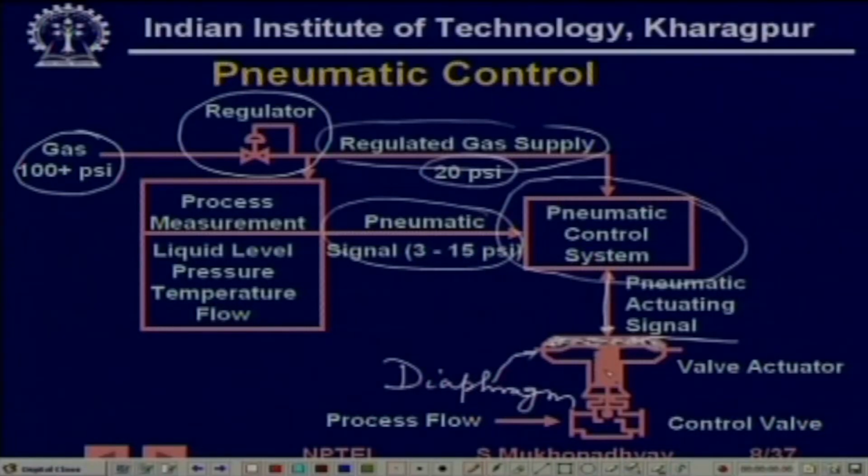What will happen is that this diaphragm, under pressure, will come down and close the valve here. So, this typically is a kind of schematic that is used for pneumatic controls, and various kinds of technologies are used. We are going to have a look at that.